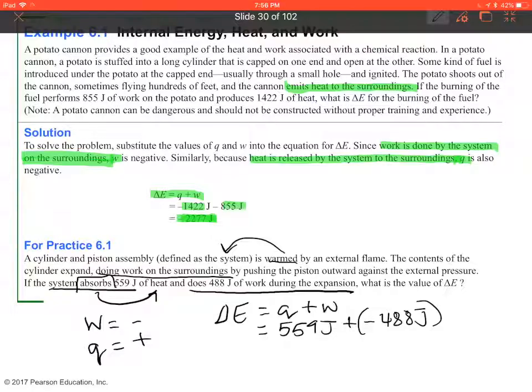The system is absorbing heat, it's doing work. So it's very important that you understand these words. So 559 plus negative 488, and that gives us the change in energy is going to be 71 joules.